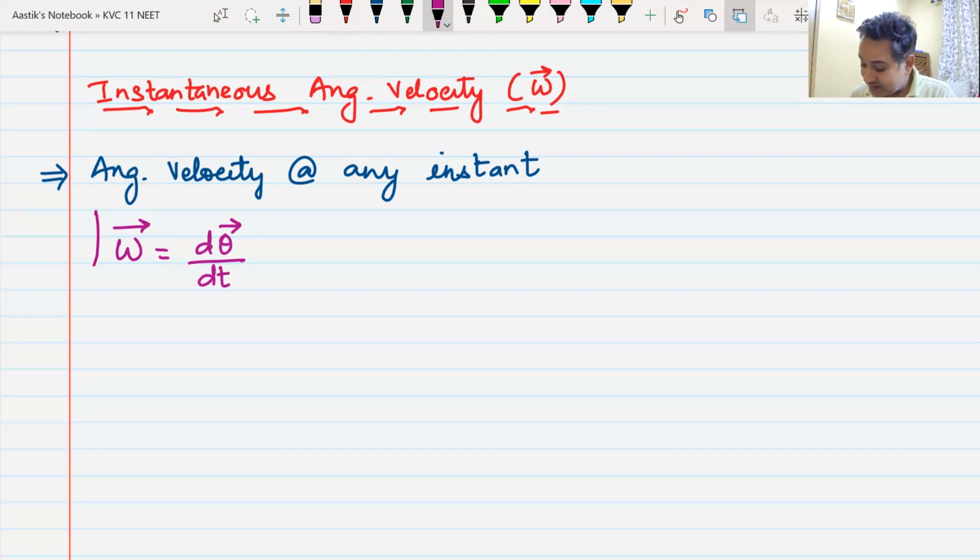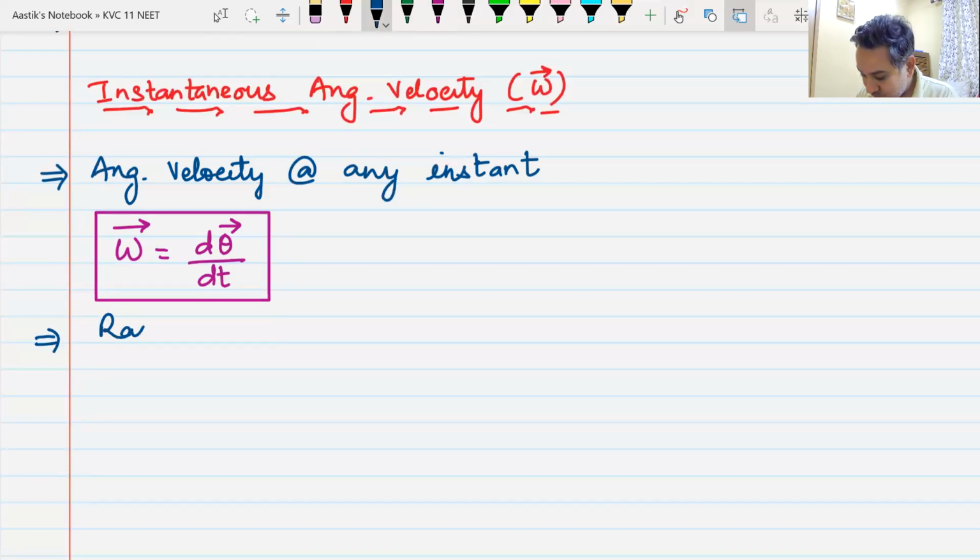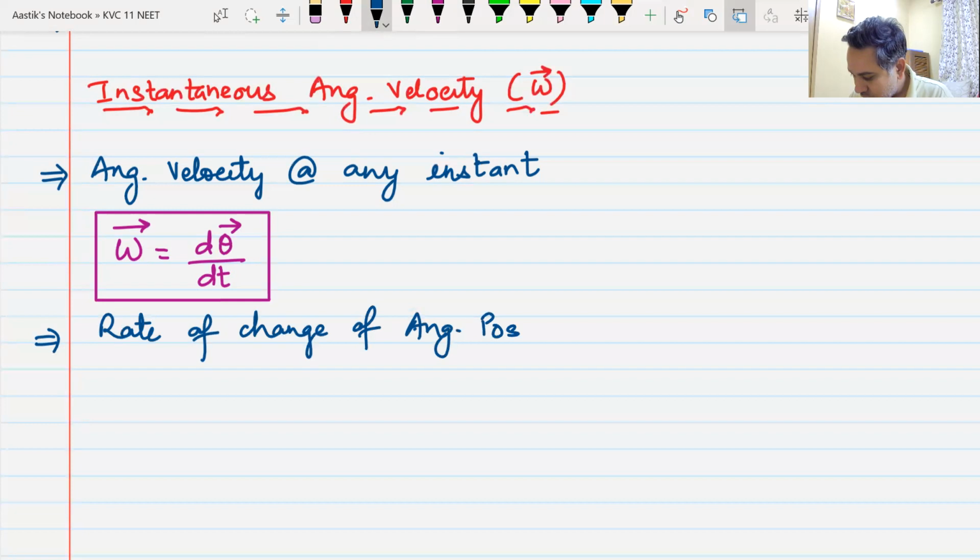As soon as you understand that this is d theta by dt, you can also say it is the rate of change of angular position with time.